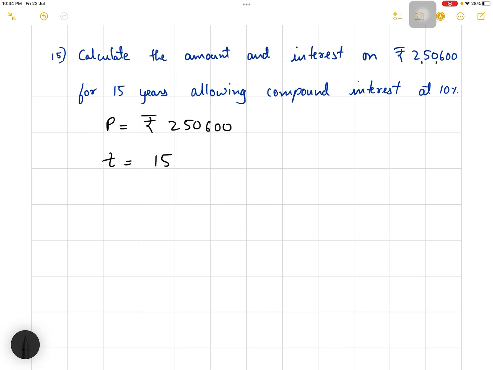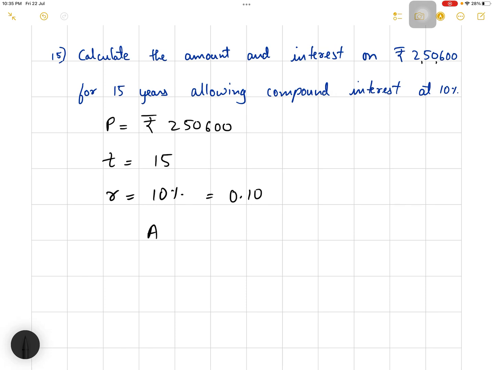T is equal to 15 years and rate of interest is 10%, which is 0.10. And you are supposed to calculate the amount and interest. You are supposed to find both amount as well as interest.